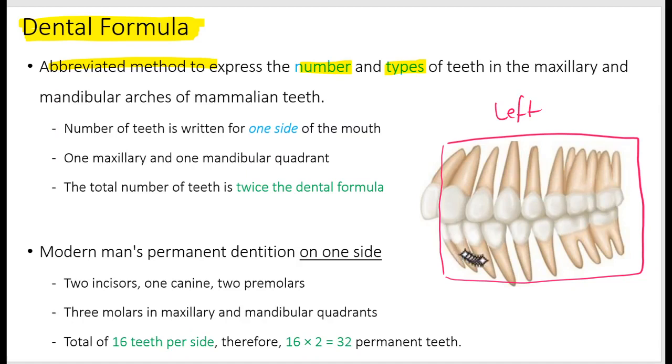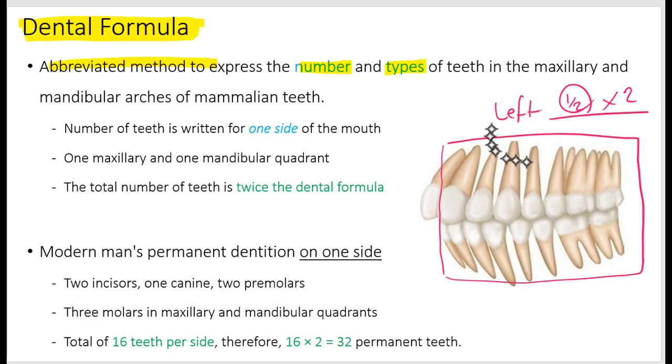So we're looking at half of the teeth, right? Only half of the teeth. So when we count these, we have to multiply them by 2 to get the total number of teeth. And we'll see how we actually use them.